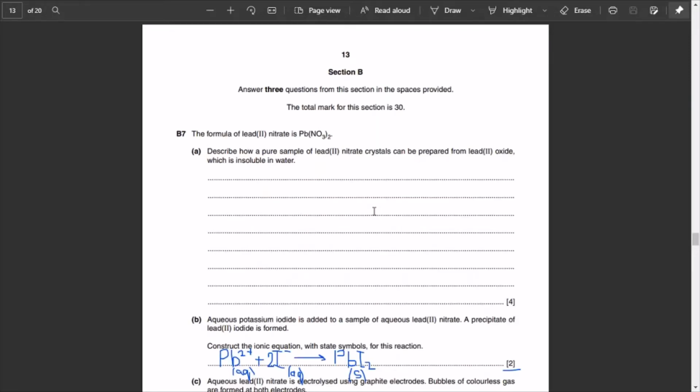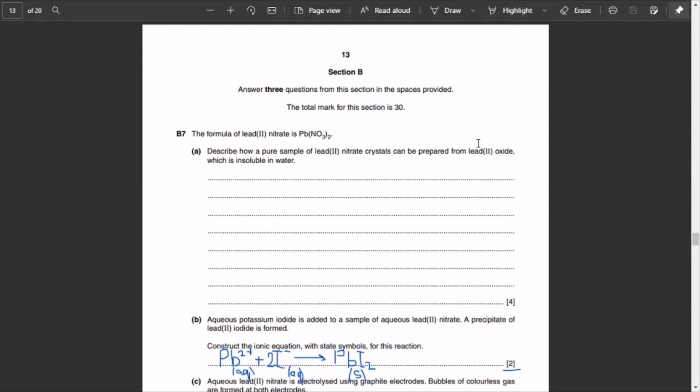Okay. So first of all, we are supposed to take lead oxide in excess amount. You're supposed to mention which reactant should be in excess and which should be in limiting quantity. So we're going to have lead oxide in excess and use nitric acid with it, and we need to make sure that the nitric acid is warm. So we're going to write: firstly take lead oxide in excess, then add warm nitric acid.